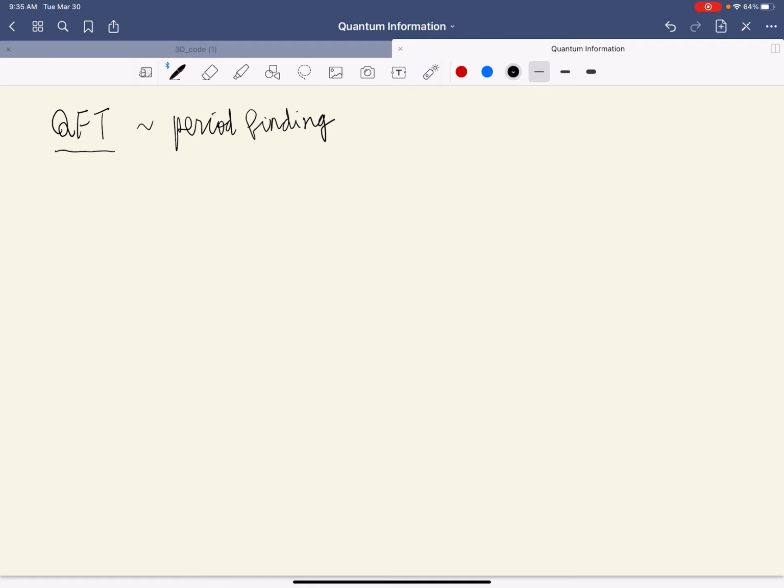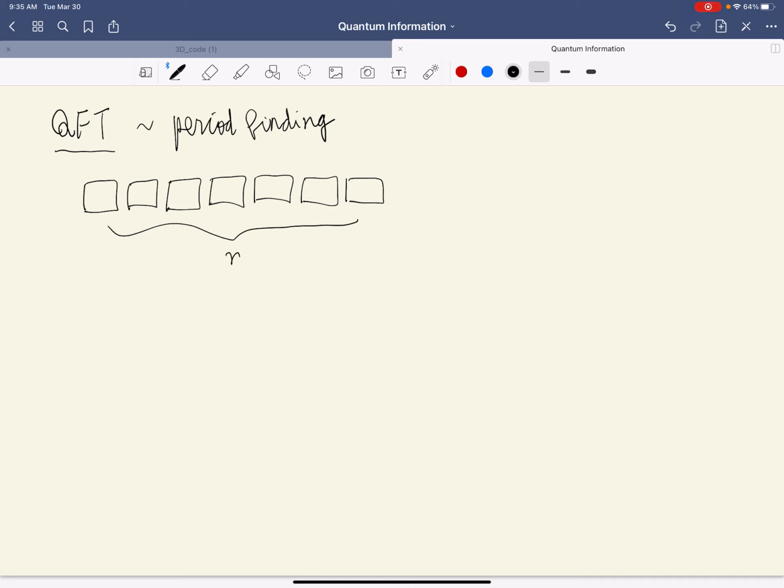Okay, and before I do that, I'm going to introduce a basic setup that will appear over and over again. And the idea is that we have a cluster of n qubits, which I describe as the input register.